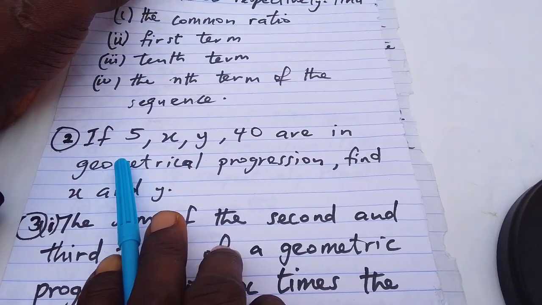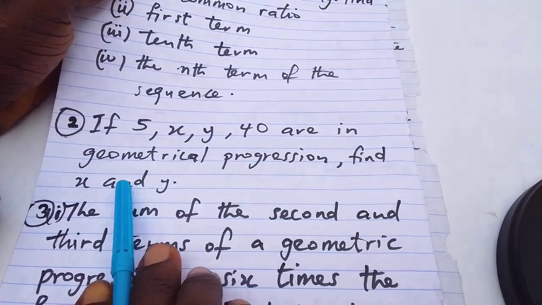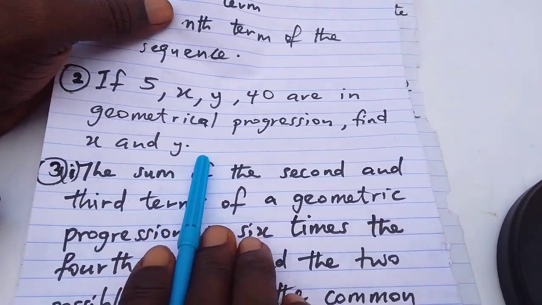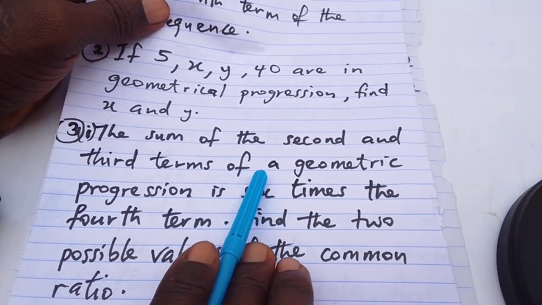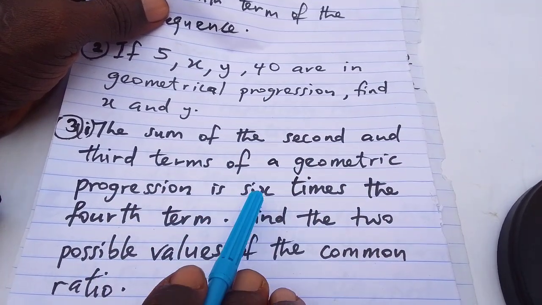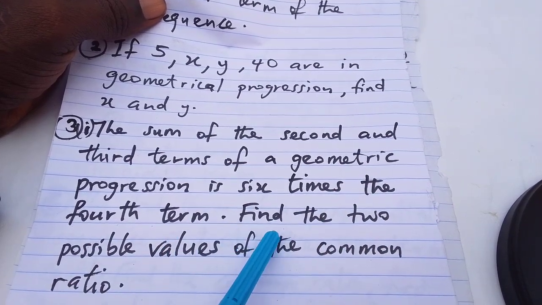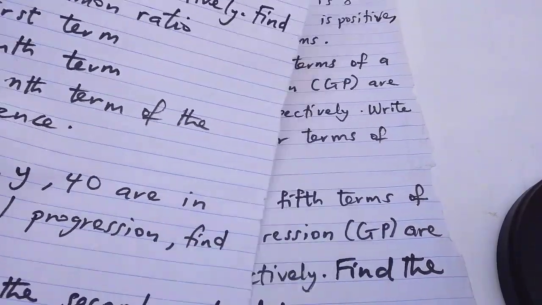Number 2. If 5, x, y, 40 are in geometrical progression, find x and y. Number 3. The sum of the second and third terms of a geometric progression is 6 times the fourth term. Find the two possible values of the common ratio.